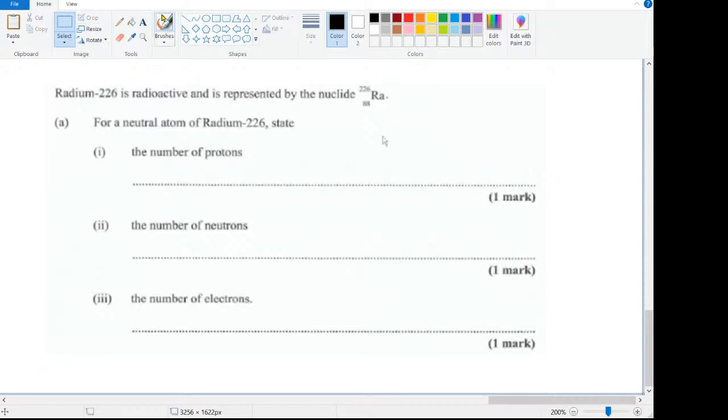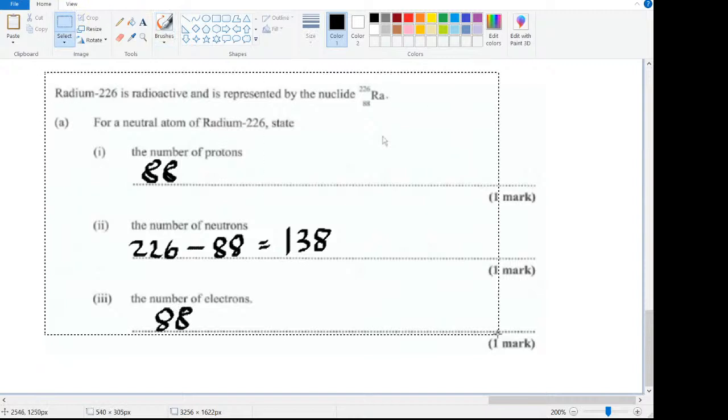Well, this is easy. For neutral atoms, state the number of protons: 88. The number of neutrons will be 226 minus 88, and that is 138. And the number of electrons could be 88. Easy.